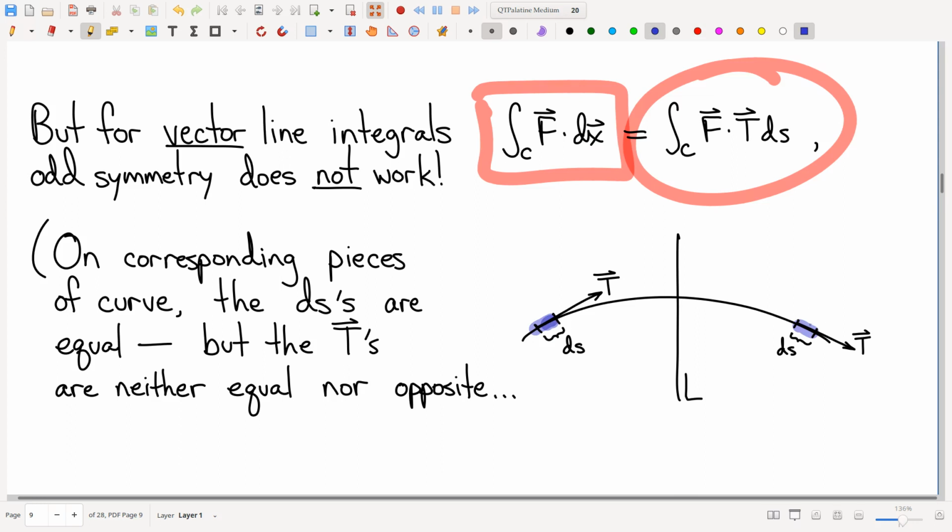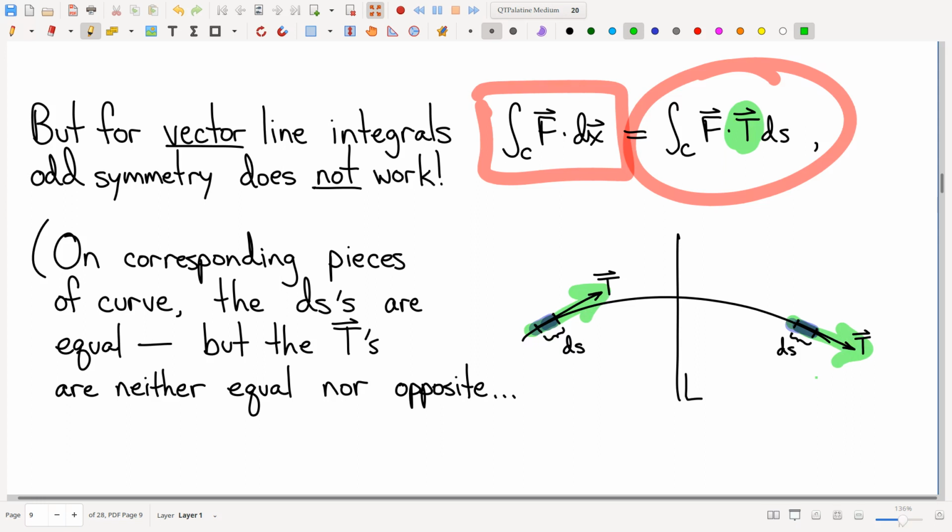Each of these pieces is a reflection of the other, and you argue that the two terms are negatives of each other. But the problem here is, check out this unit tangent vector T. For these two pieces, that unit tangent vector, they don't relate.